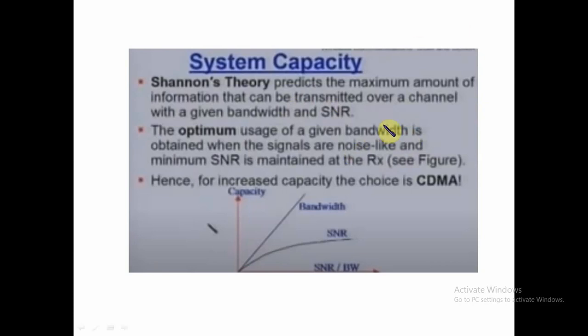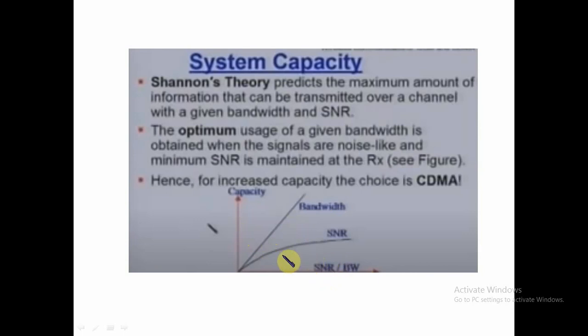The capacity C grows linearly with bandwidth and logarithmically with SNR. So the optimal usage of a given bandwidth is obtained when the SNR is maximized at the receiver side.